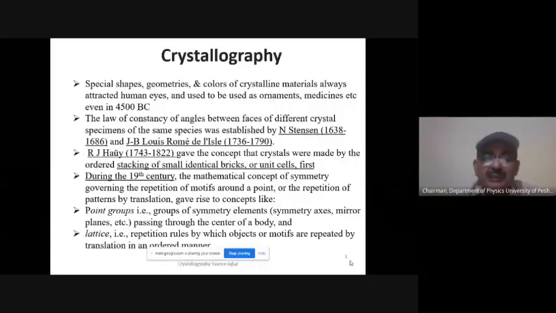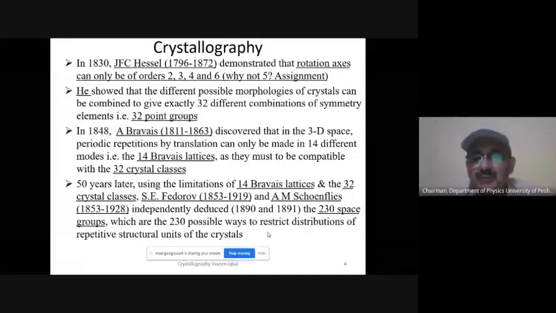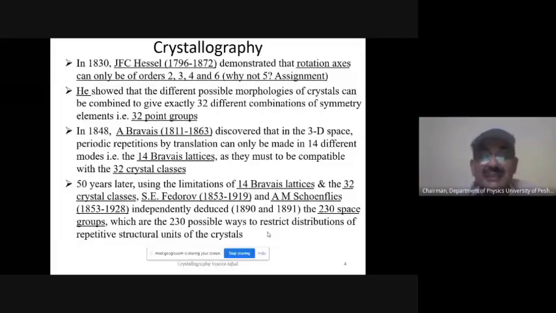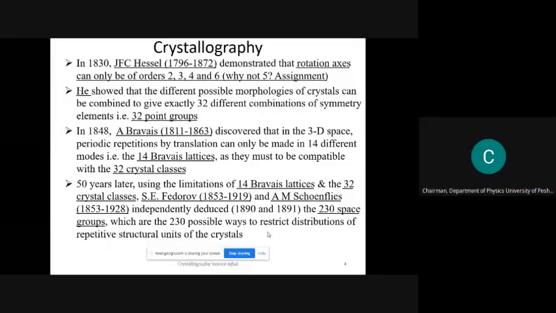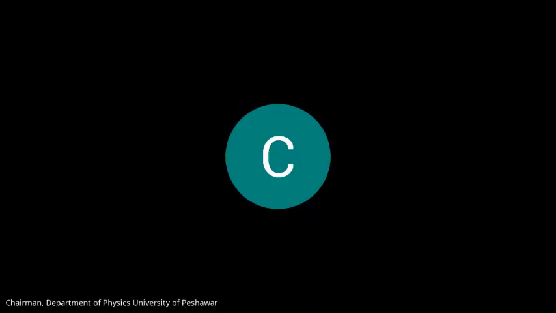Then 50 years later, using the limitations of the previous work, and the rules and regulations imposed by the 14 Bravais lattices, all the crystal structures are divided into these 230 space groups.